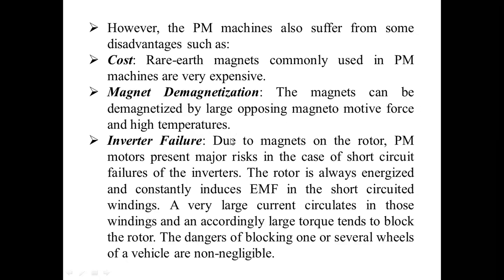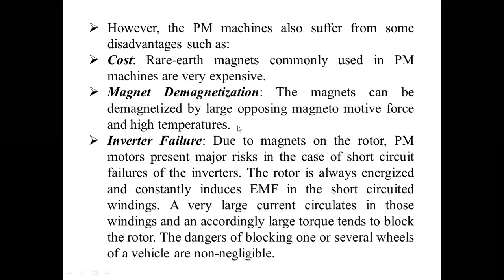These effects occur in magnetic materials. We use different types of materials: soft magnetic materials, hard magnetic materials, and different types of alloy materials. The rare earth magnet materials come under the hard magnetic classification. Here, magnet demagnetization is what we consider now.